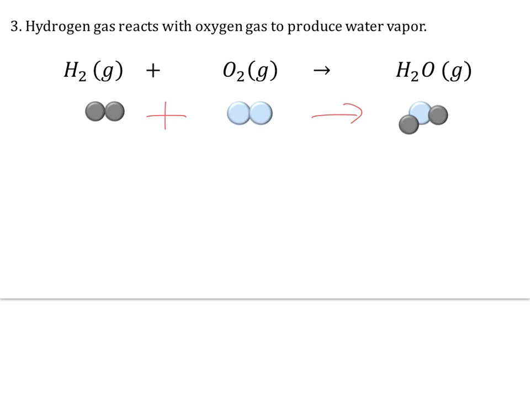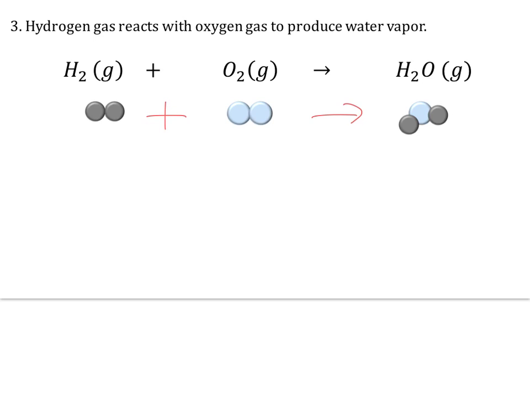So if I look at this scenario here, I've got 2 hydrogen, I end up with 2 hydrogen. I've got 2 oxygen, but I only end up with 1 oxygen here at the end. So that extra oxygen atom had to have gone somewhere. The law of conservation of mass says it just can't disappear.